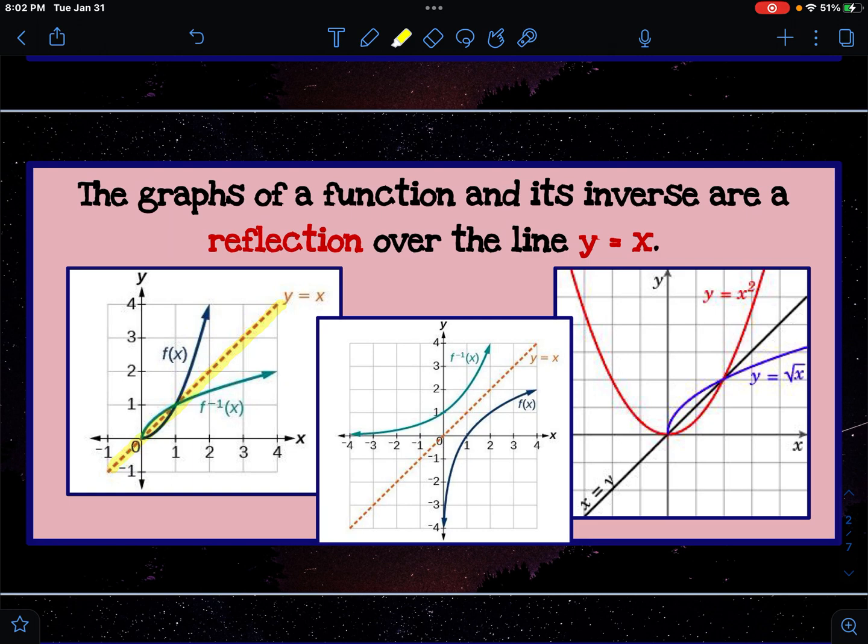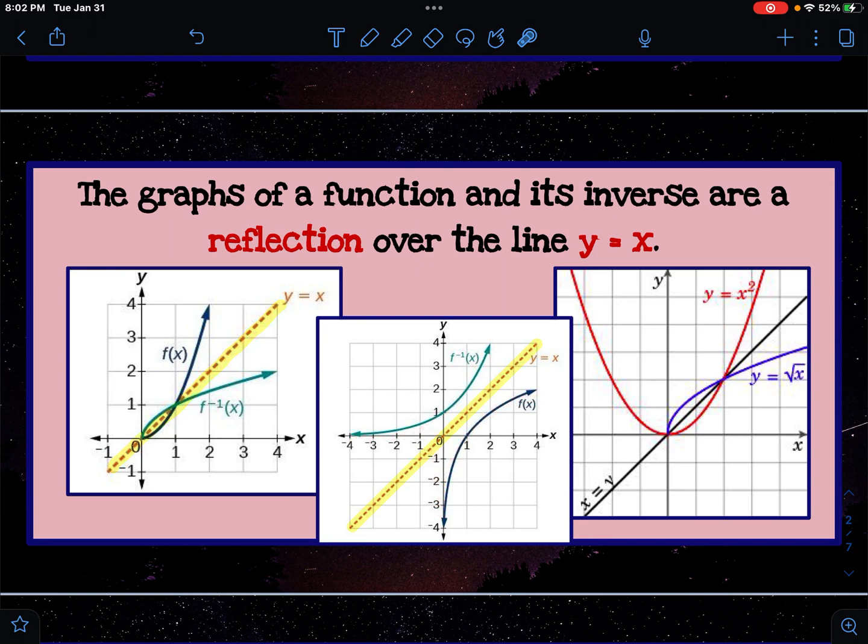We have -3, -3, -2, -2, -1, -1, 0, 0, 1, 1, 2, 2, 3, 3, 4, 4, and so on and so on. So if you folded this graph in half over that line, these two pieces of this function would fall on top of each other.